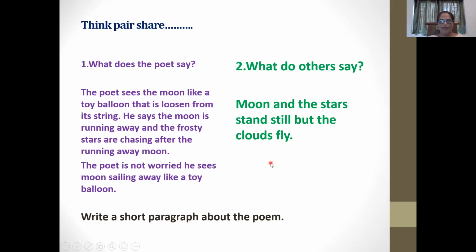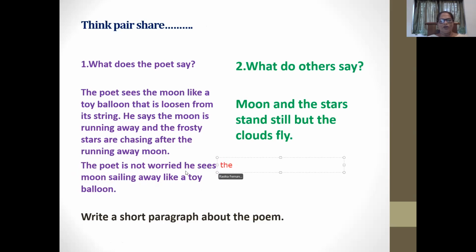Is the poet worried? No, not at all. The poet is not worried. He sees the moon sailing away like a toy balloon. I have missed one word here. I'm going to type it here. He sees the moon. There's a missing word. You can add that.